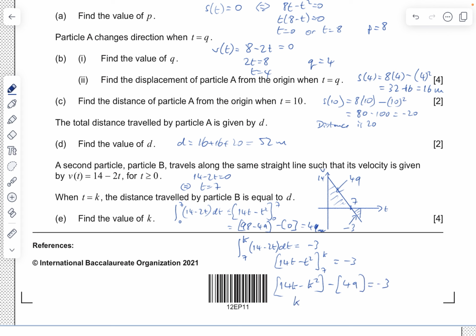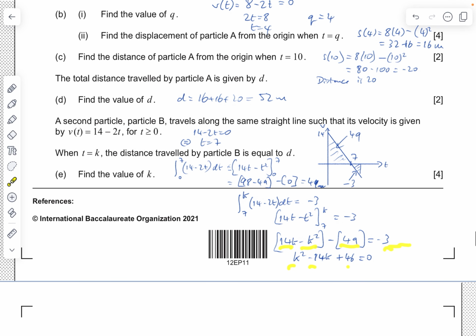So we get k squared subtract 14k, sorry, subtract 14k equals, just take the -14, so we've got -49, so plus 46 equals 0. That way around, so that's negative, take the positive to the other side. Positive becomes negative to the other side, negative becomes positive to the other side, that's right.